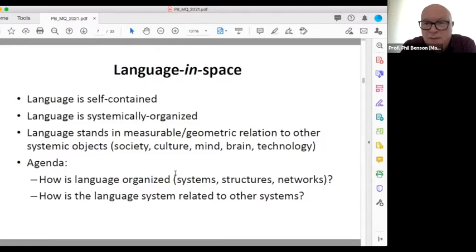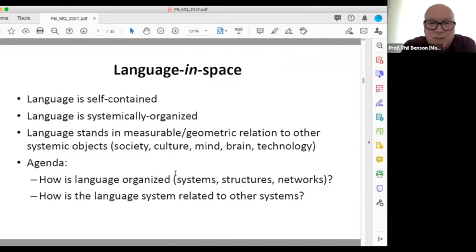That is what I mean by that. We think of language as being systemically organized. We think of language as standing in measurable or geometric relation to other systemic objects in space.